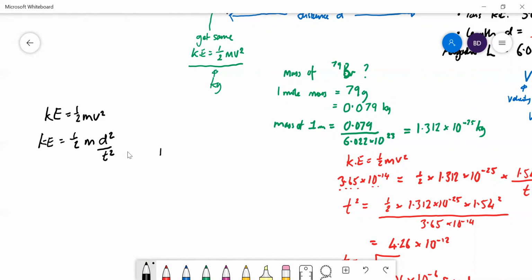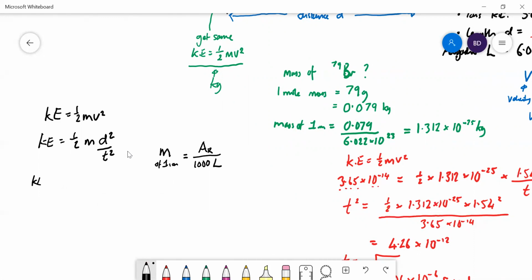And the mass of one ion is equal to its molar mass, the mass of 1 mole, divided by 1,000 so it's in kilograms, and divided by L, the Avogadro constant. So let's put that in.